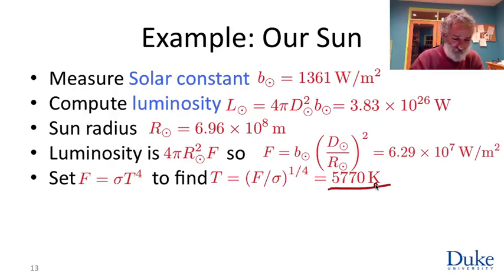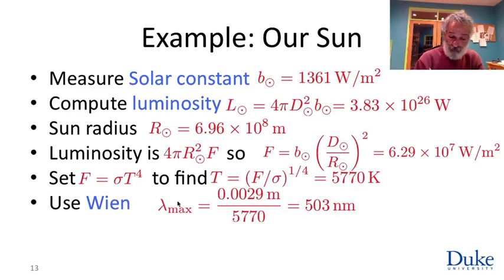I can use Wien's law, because I know the temperature, to figure out the wavelength of maximum emission for the sun, the wavelength at which the sun emits more light than anything else. I take Wien's constant, 0.0029 meters is the value of Wien's constant. I divide by the temperature of the sun, and I find that the sun produces more light than at any other frequency at a wavelength of 503 nanometers.